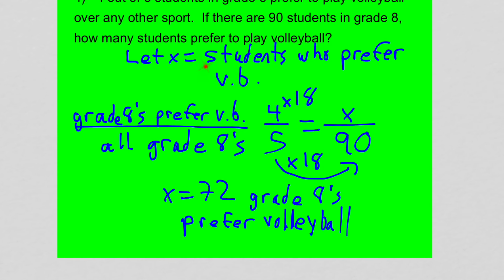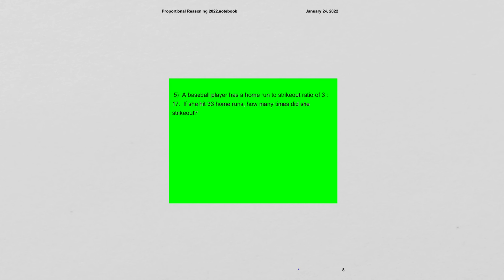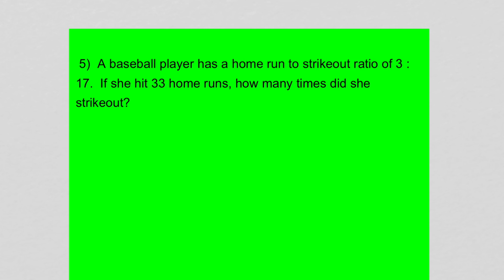So, identify the unknown, make the comparison, make the proportion, solve it. Let's look at one more. A baseball player has a home run to strikeout ratio of 3 to 17. If she hits 33 home runs, how many times did she strike out? Well, the unknown here, how many times did she strike out?